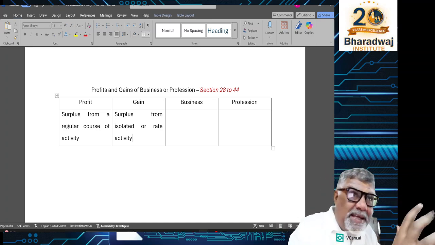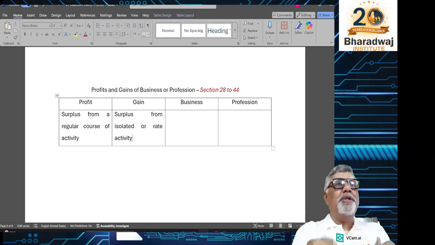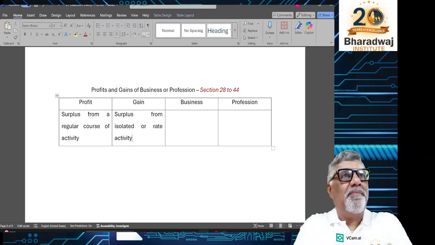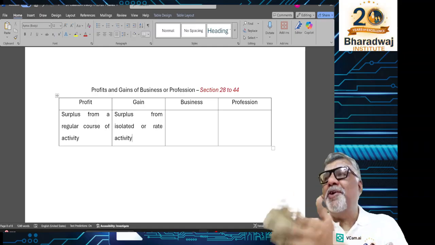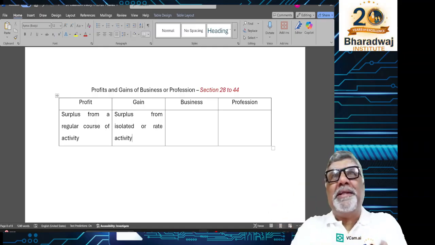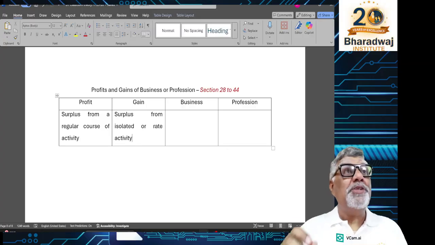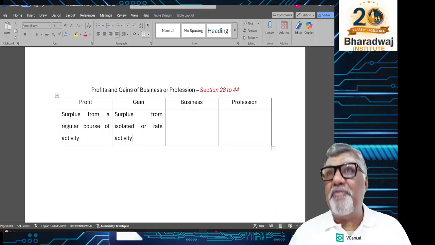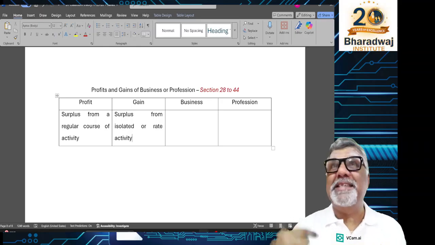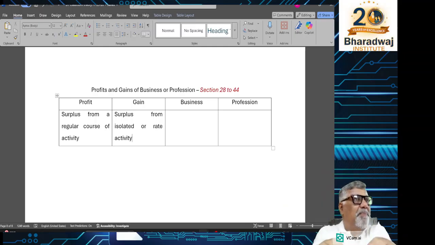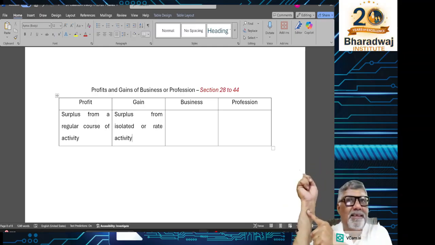But some of the gains are going to be taxable in this chapter. If I sell a normal business asset, it will go to the capital gain chapter. Suppose I have purchased an asset for scientific research, where I claim 100% of the expenditure. Now, if I sell it, it is taxable under PGBP, not capital gain.